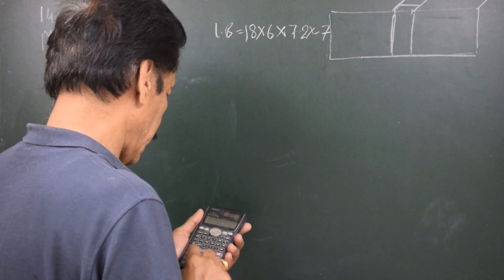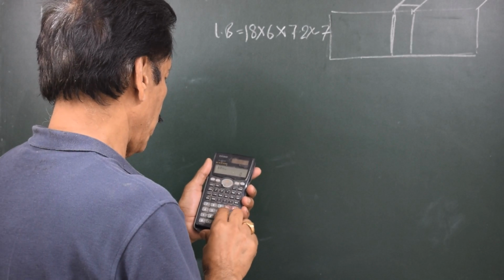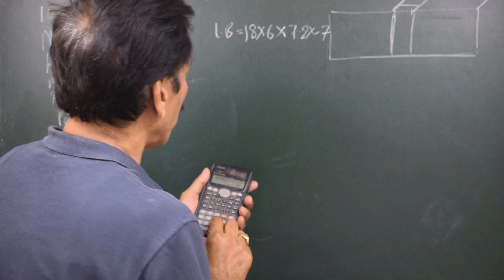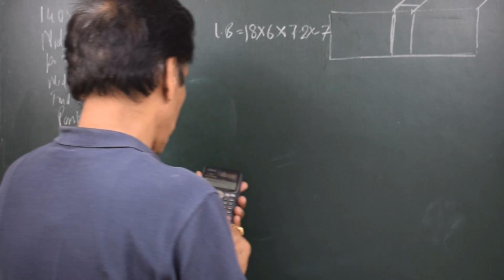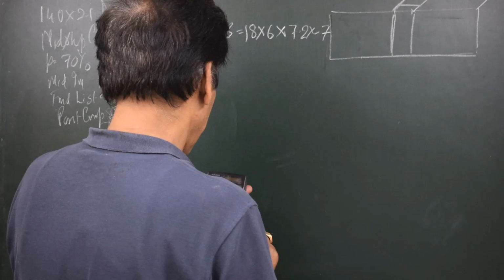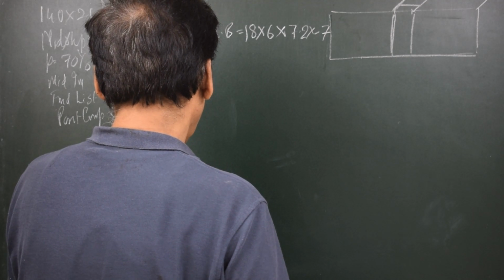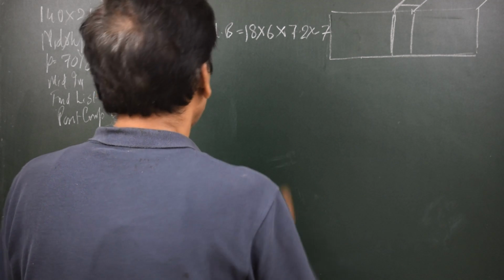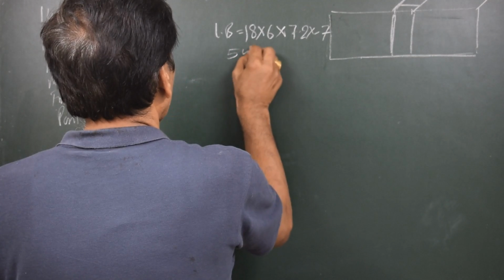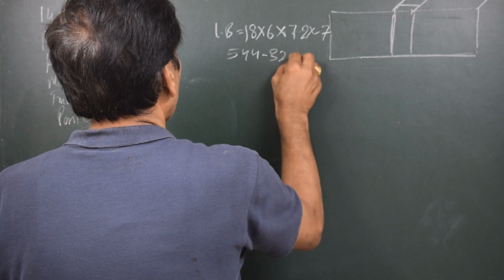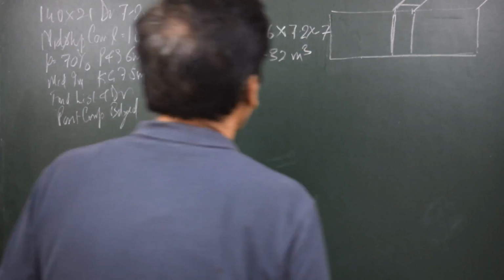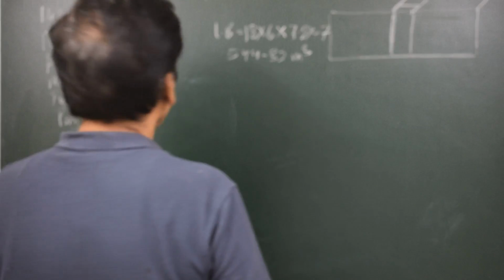It is 18 into 6 into 7.2 into 0.7. That gives me 544.32 meter cube. So that is the loss of buoyancy.